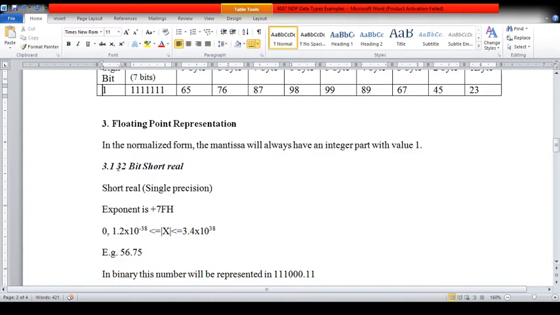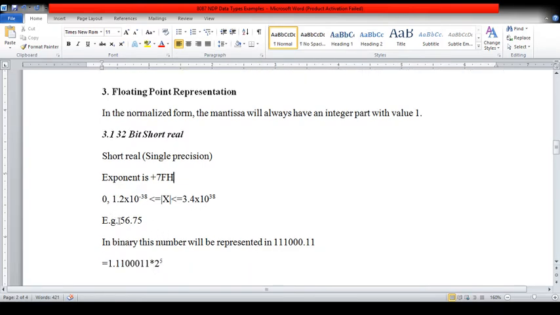The first subtype of floating point representation is the 32-bit short real. Short real uses single precision, and the range of this number can go from 10 raised to minus 38 to 10 raised to 38. So let us see, we wanted to represent the number 56.75.